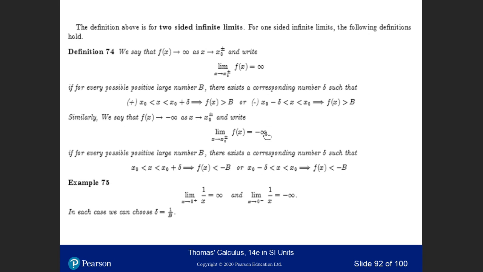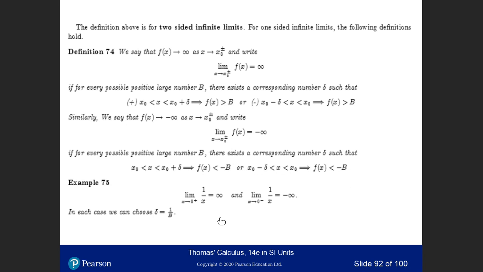We say that it's minus infinity if for every possible large number b, for all x in this interval, f of x is less than minus b. So that's for the minus infinity case.